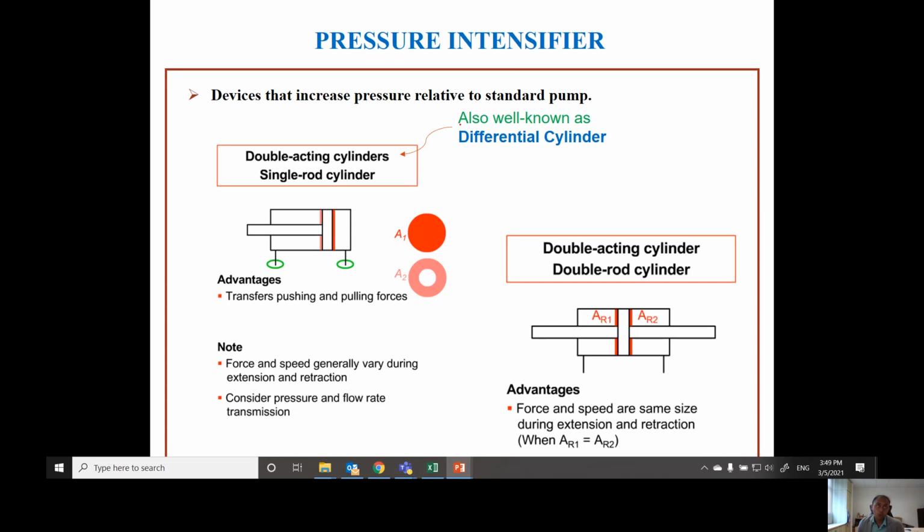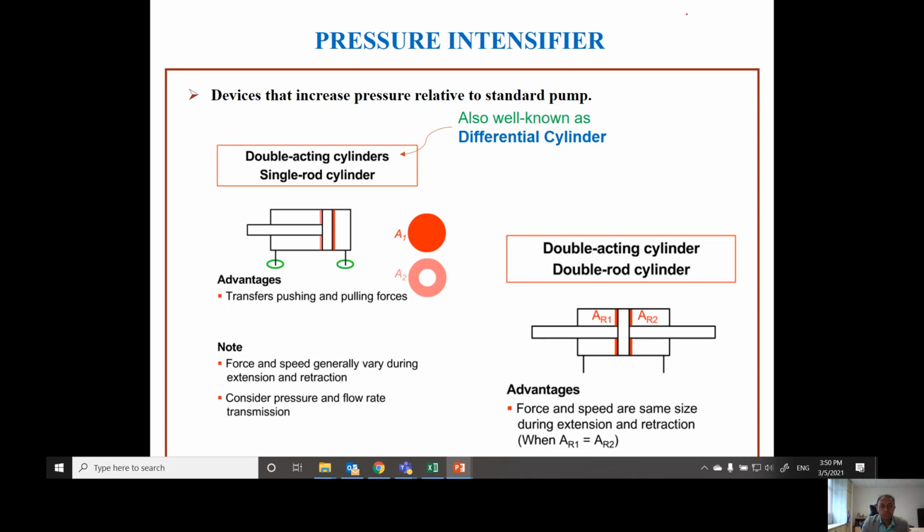If you want an analogy with your electric circuit, this is something like a transistor. Because you use a transistor in order to amplify a certain amount of voltage or current, right? So this is the same, but in a hydraulic system, you have the pressure intensifier. So you can multiply the pressure coming from the pump in order to produce a higher pressure on the other side.